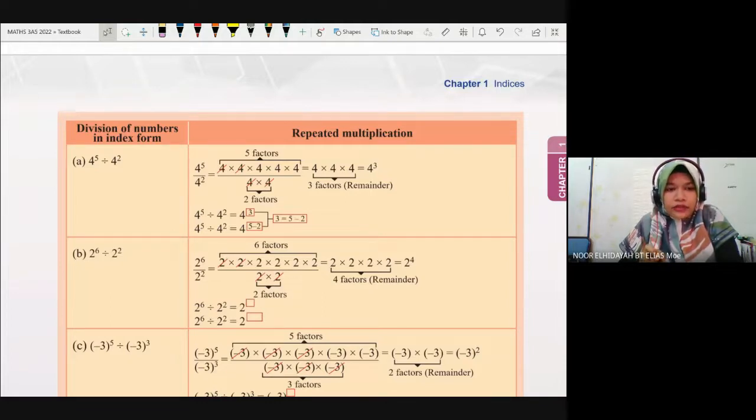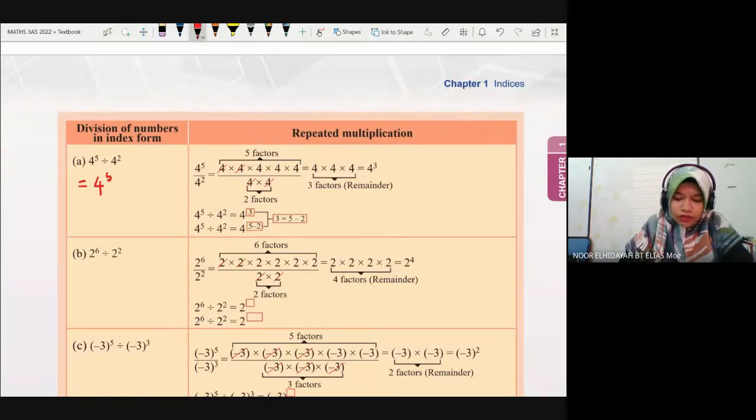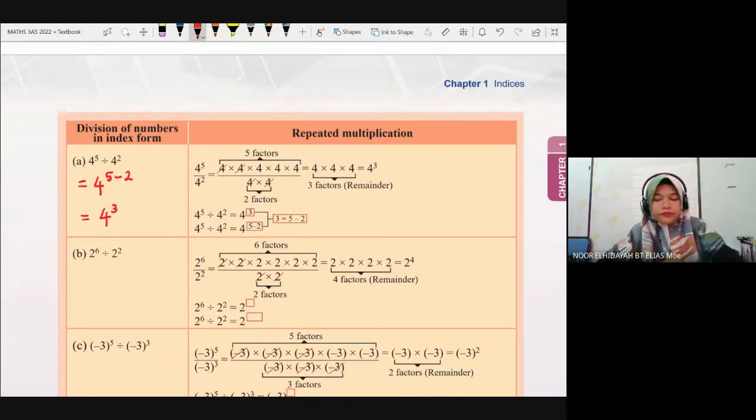Make sure it have the same base. Alright, so you will subtract the index. So 4 to the power of 5, okay, divide means you have to minus the index, minus 2. Therefore, answer is 4 to the power of 3. Okay, this one is the law of indices.